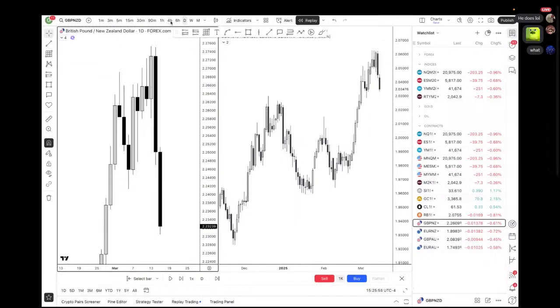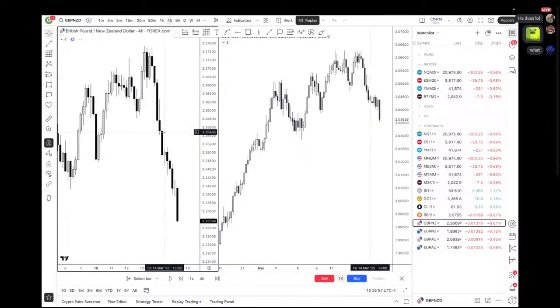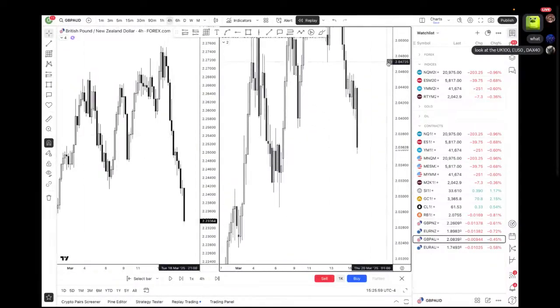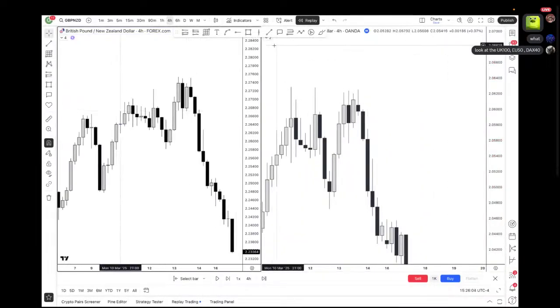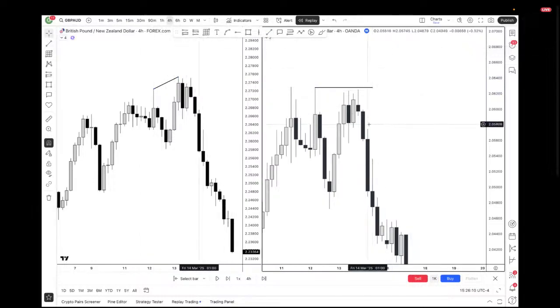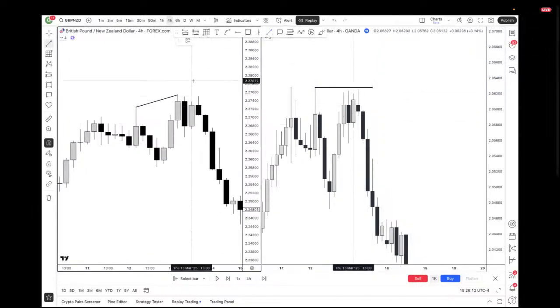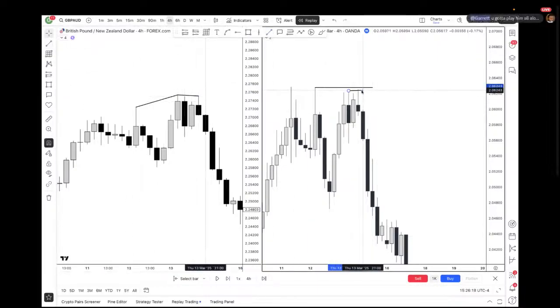Yeah, for sure. Let's see if we can find anything here. Yep, I can already see it. See how there's an SMT here? We do not take this out. And then immediately following that, you get a two-stage SMT where we don't take this out, where we do take this out over here.